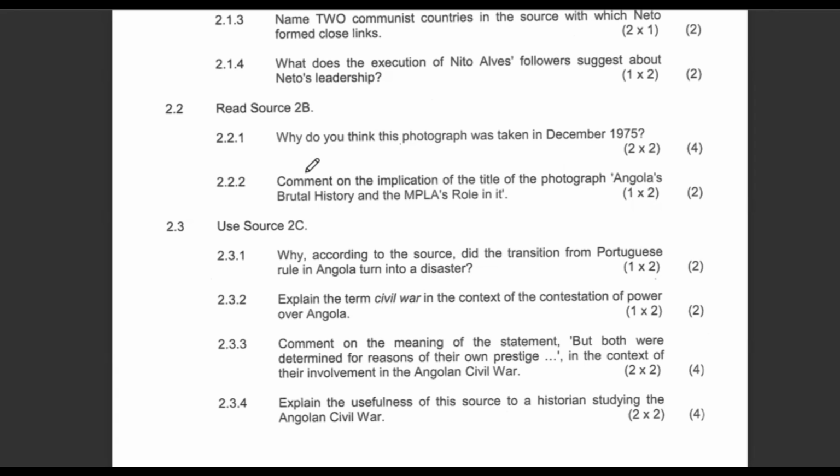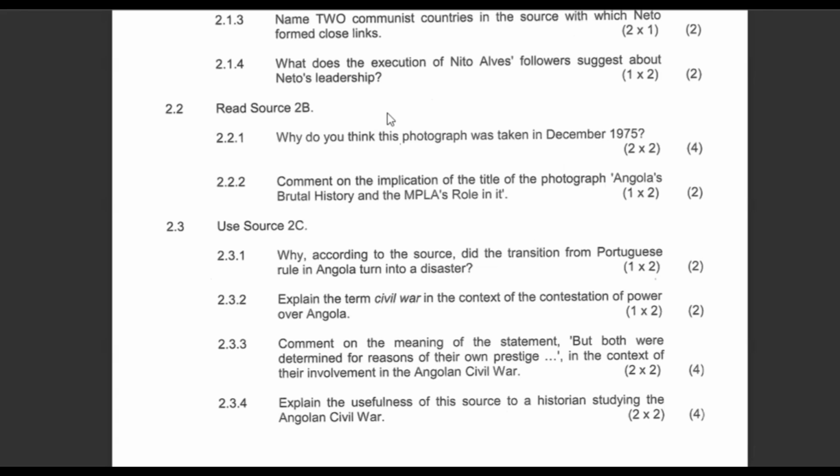Such a type of question requires your own opinion. As long as it is justified by logic, it can be a correct answer. In this case, you can say that the photo was a symbol of the cruel nature of the Angolan war. It seeks to demonstrate the cruel nature of the Angolan civil war.